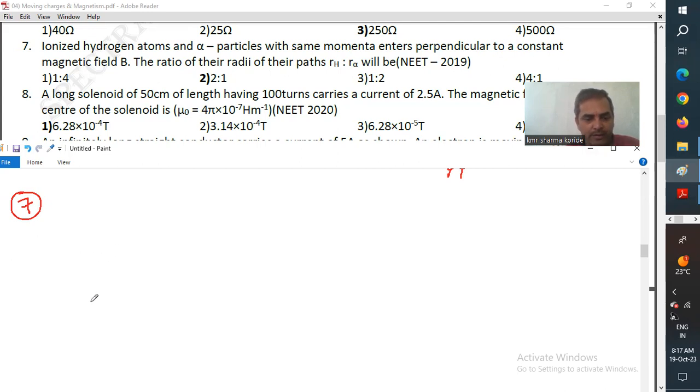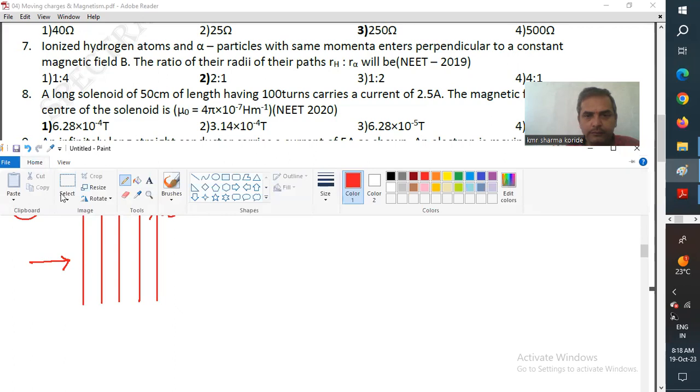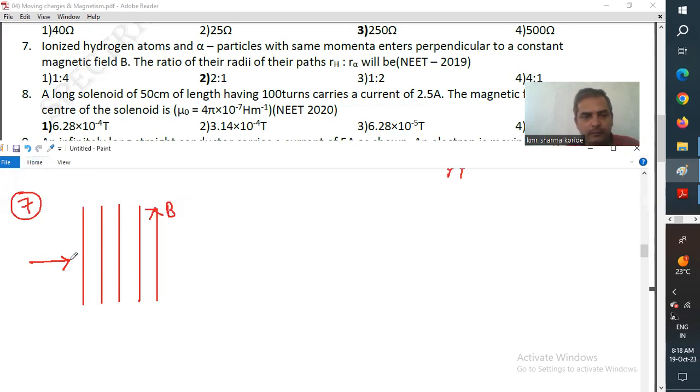Remember, when a charged particle enters, assume that these are just like trees in an open ground, and in this direction the magnetic field is present. When a charged particle is thrown at right angles to the magnetic field, it describes a circular path.